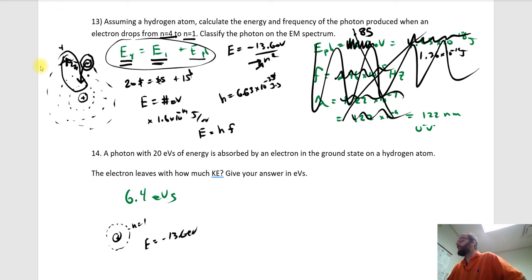And what that means is it's going to take 13.6 eVs of energy to liberate that electron and make it leave. If you add more than that, say we added 14, of the 14, it would take 13.6 to make it leave, and there'd be 0.4 left over. And the leftover, if you will, would be a kinetic energy. Same type of deal with the 20. That's where that's coming from. So that should answer how to do 14.